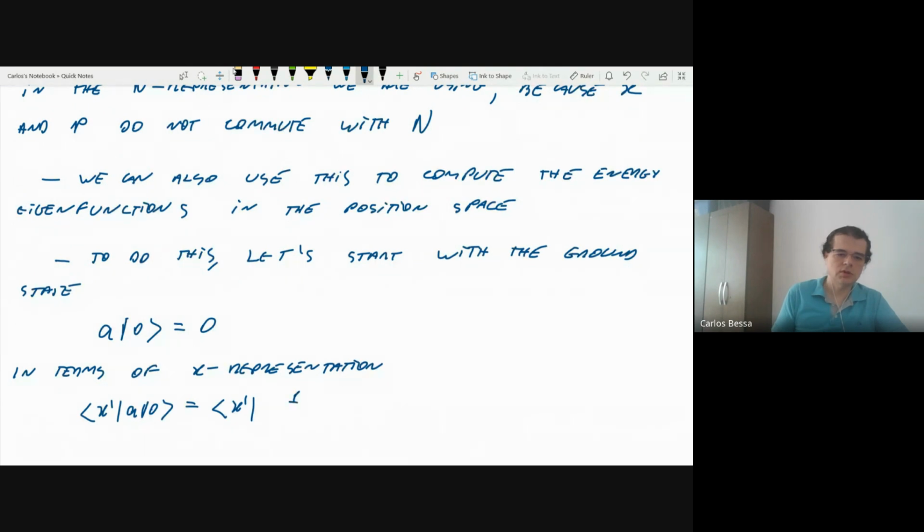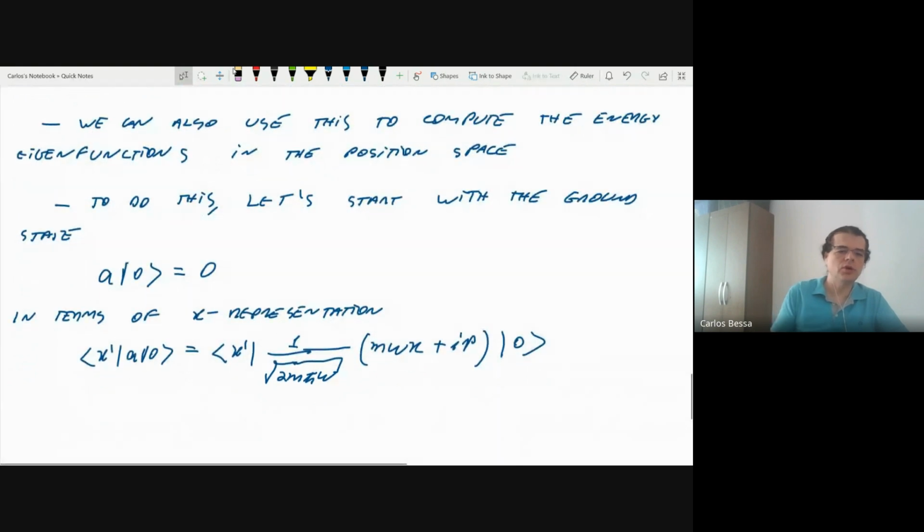This is 1 over square root 2m h bar omega, m omega x plus iP, applied to 0. This is just the definition of A in terms of X and P. And we know because of that this is 0.